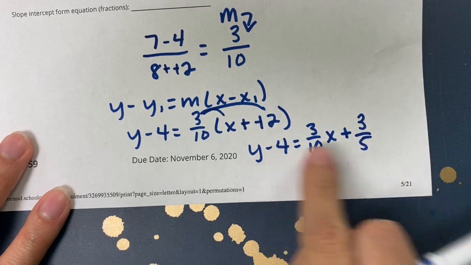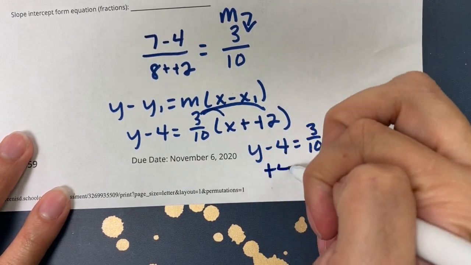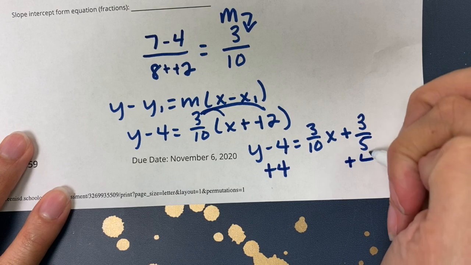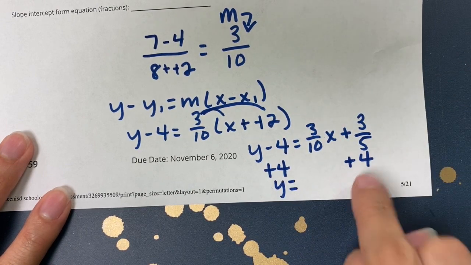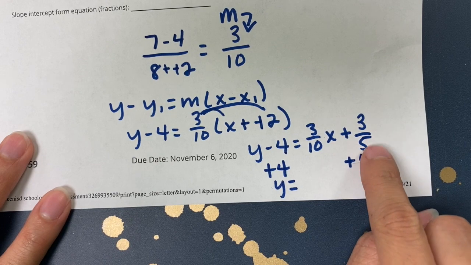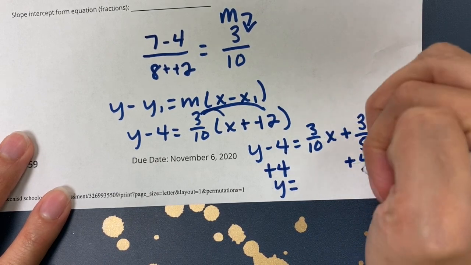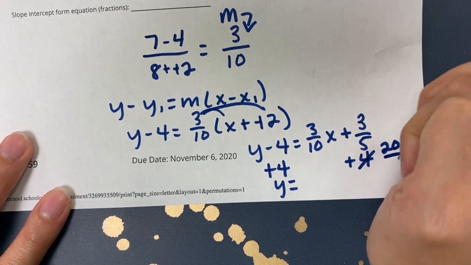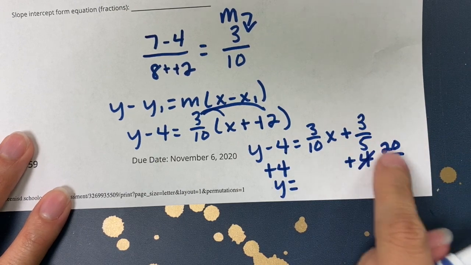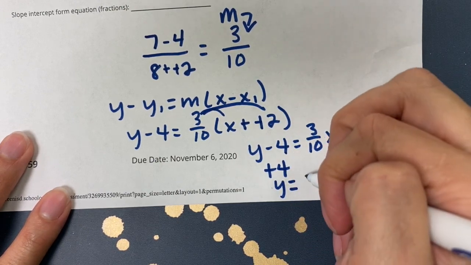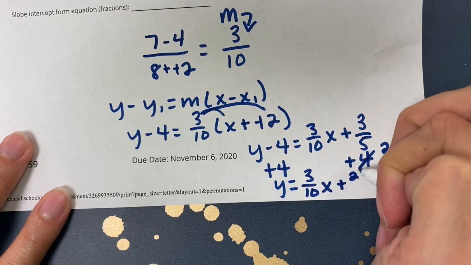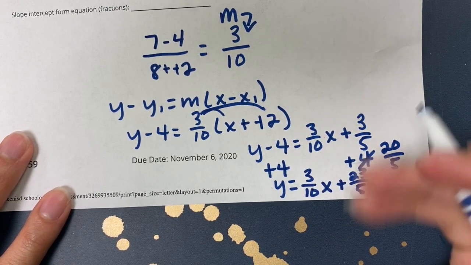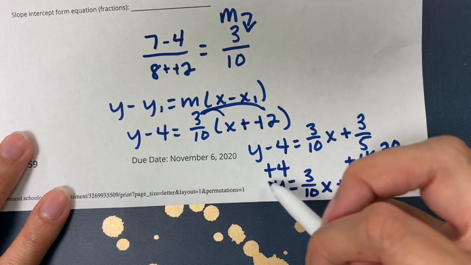And then last step, add that 4 to the other side. So y equals, remember this 4 now needs to have a common denominator of 5. So this would actually be 20 over 5. So 3 plus 20 would just be 23. So 3 over 10x plus 23 over 5. This would be my answer.